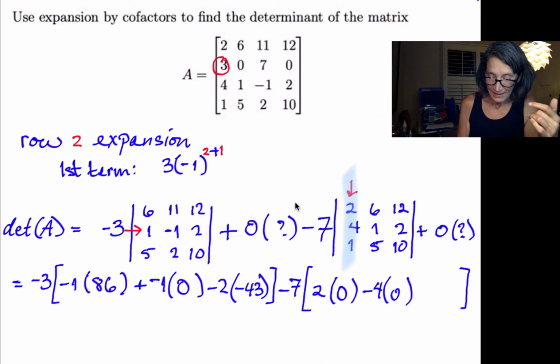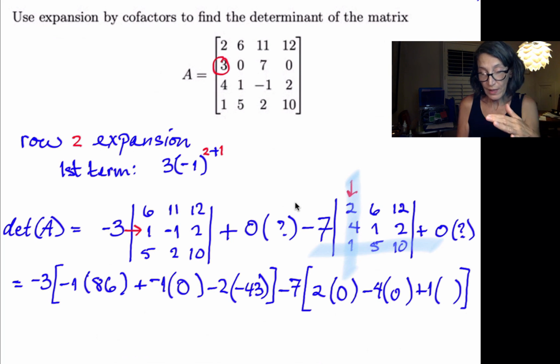All right, and then the last term in that sum is going to be positive 1 times the determinant of the matrix we get when we remove that third row and that first column. So the determinant of that little submatrix is going to be 6 times 2 minus 12 times 1, which is another 0, and that worked out nicely. Doesn't always work out that nicely.